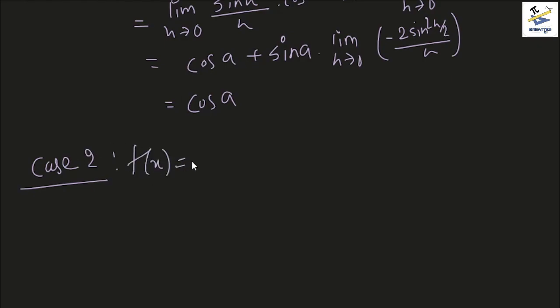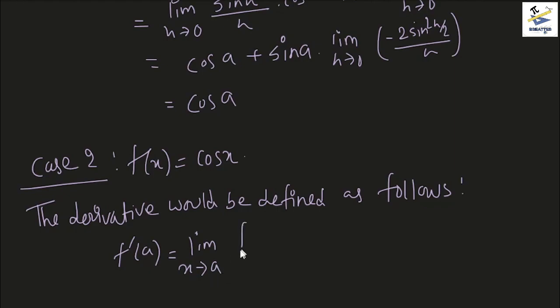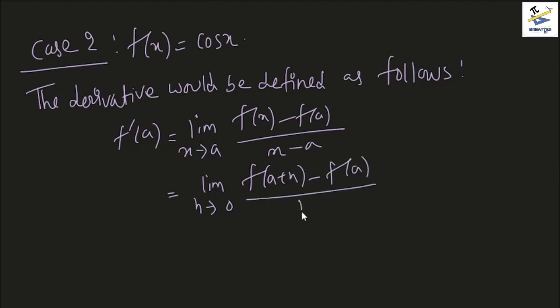So case 2 is, now the derivative would be defined as follows. f dash a would be equal to limit x tends to a of f of x minus f of a by x minus a, from which we can substitute h equals x minus a to find the new definition which was more useful to us, which is f of a plus h minus f of a divided by h, right?